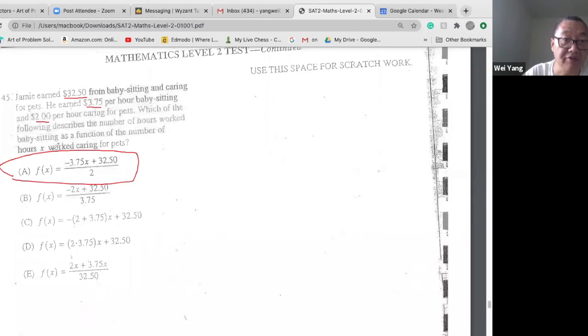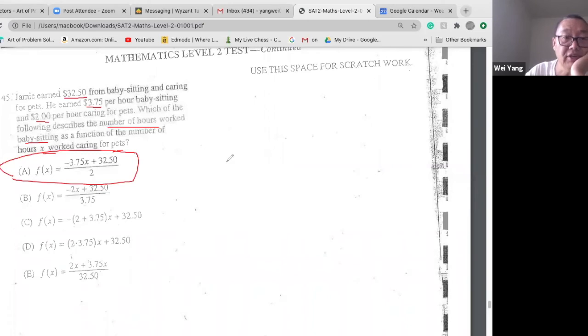As a function of the number of hours worked caring for pets, they ask you to find which of the following describes the number of hours worked babysitting as a function of the number of hours x worked caring for pets.